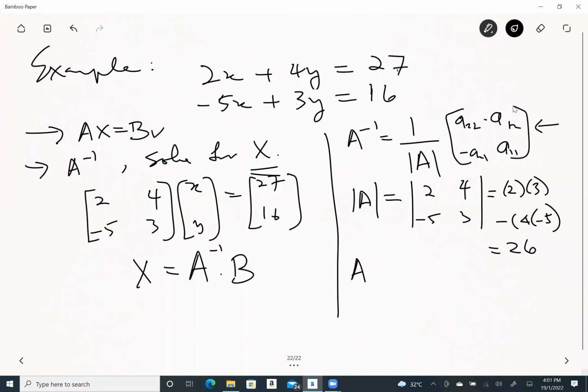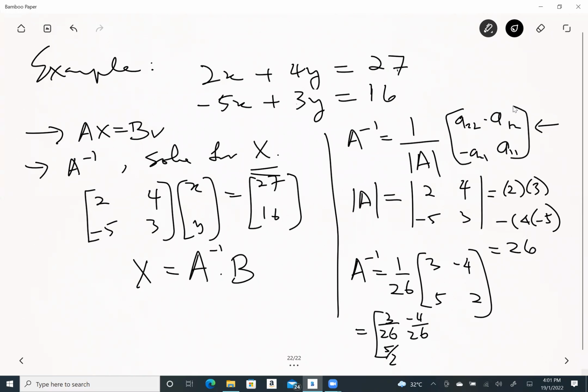And the A inverse is equal to 1 over 26 multiplied with 3, negative 4, 5, 2. So what do we get? We get 3 over 26, negative 4 over 26, 5 over 26, 2 over 26.